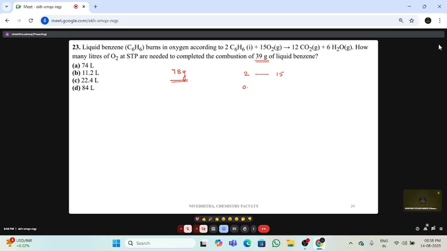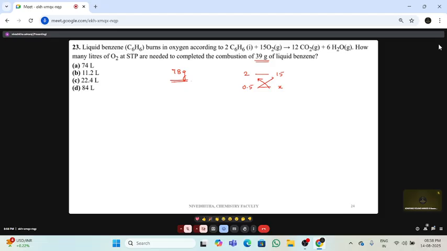So 0.5 mole of benzene requires how much oxygen? So calculate the number of moles of oxygen from this by the unitary method, and from the number of moles, let me know the value of volume.